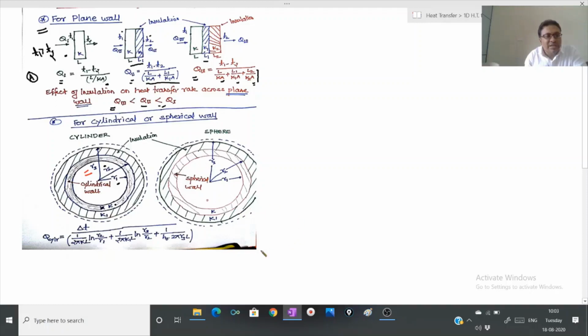Similarly, there is a hollow sphere of inner radius R1, outer radius R2, and it is also provided with an insulating material layer of outer radius R3.